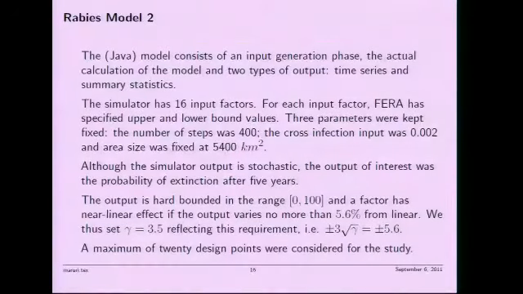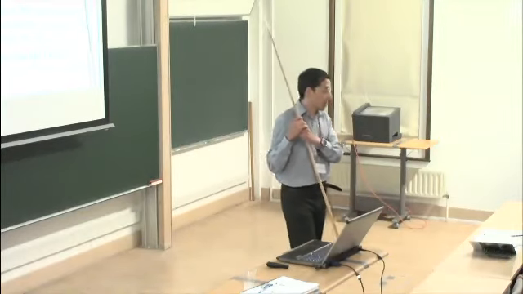And this is what I just mentioned. I just pick an output which is just deterministic, which is the probability of extinction after 5 years, which is considered to be quite stable.